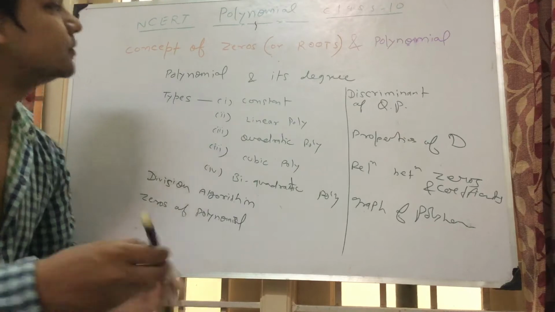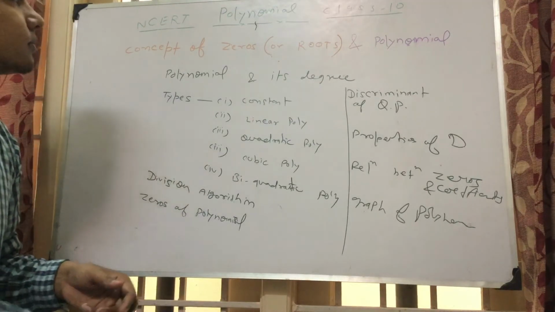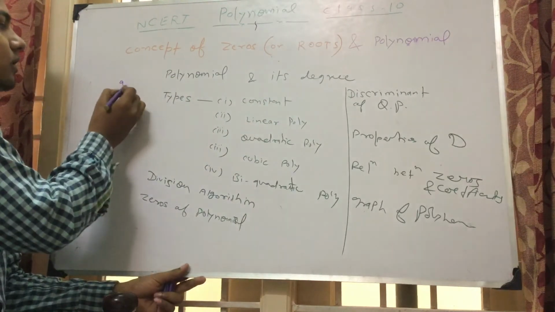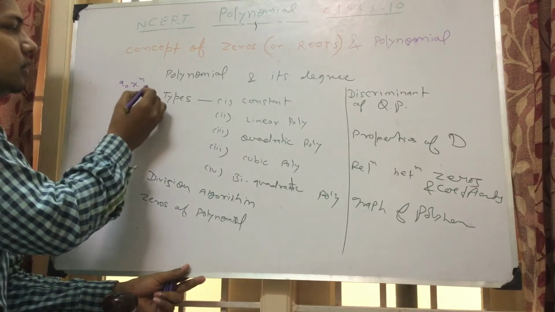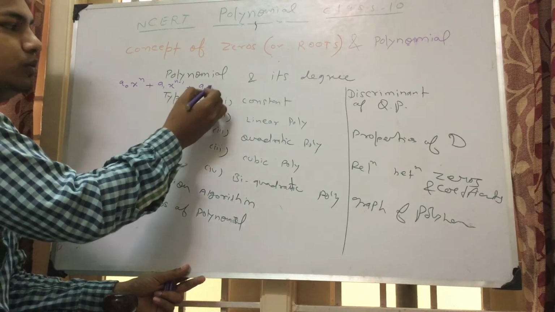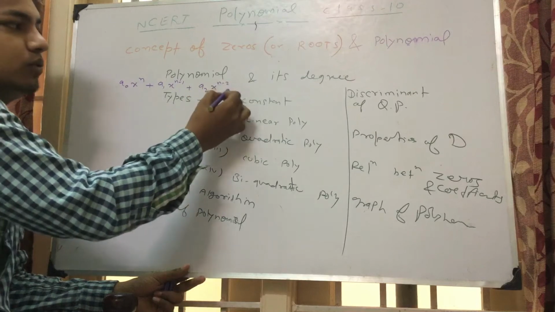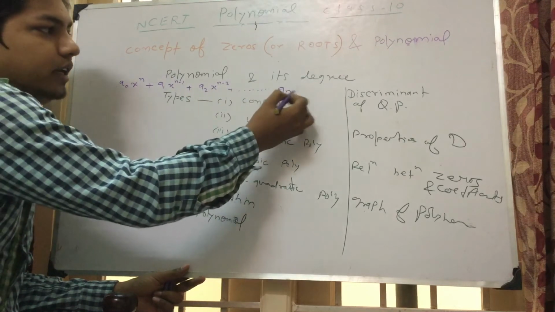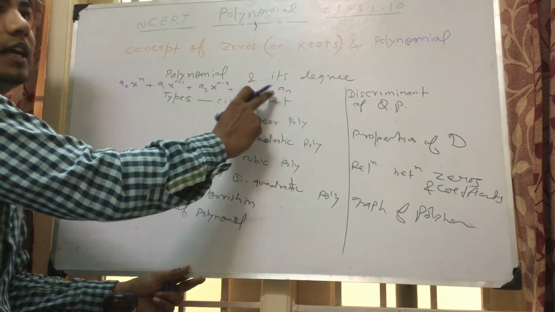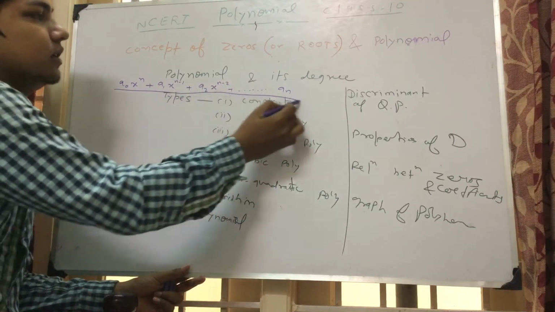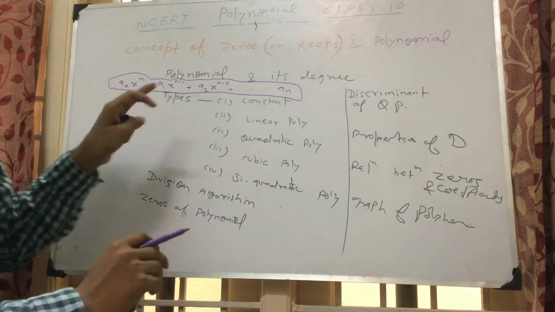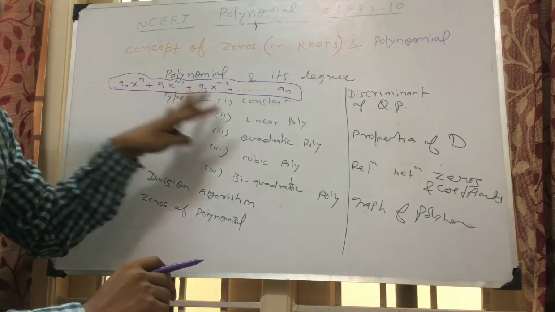Okay, I'll give one example. Suppose I'm writing a polynomial like this: a0 x power n plus a1 x power n minus 1 plus a2 x power n minus 2 plus dot dot dot plus an. Now see here, this full expression represents one standard general format of a polynomial.